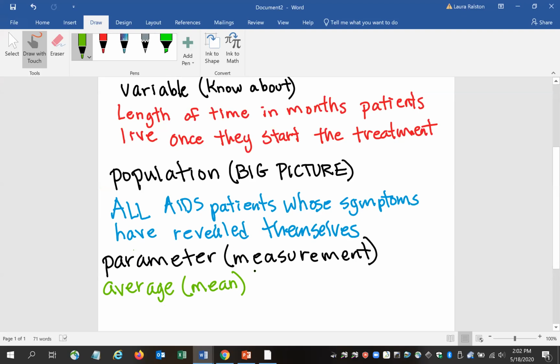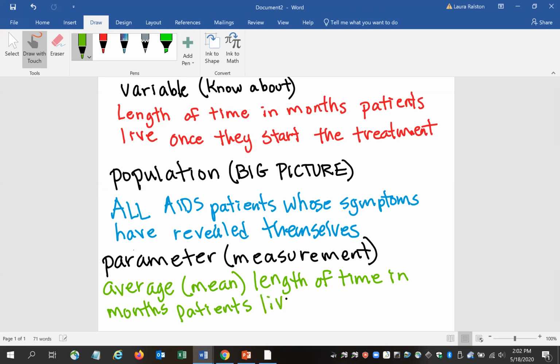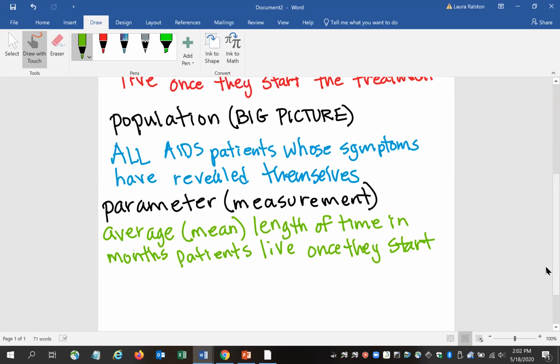Okay, so you put in your measurement and you're measuring the variable. So it's the mean length of time in months patients live once they start the treatment. Really, let me back up for a second.